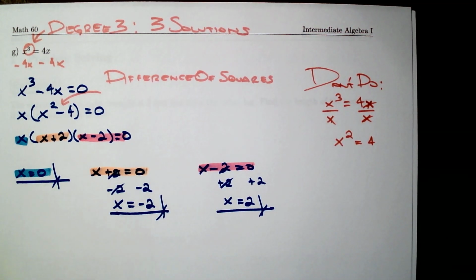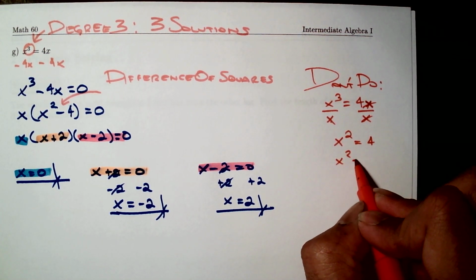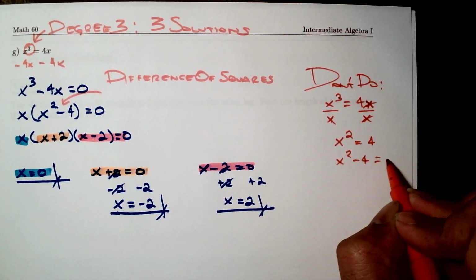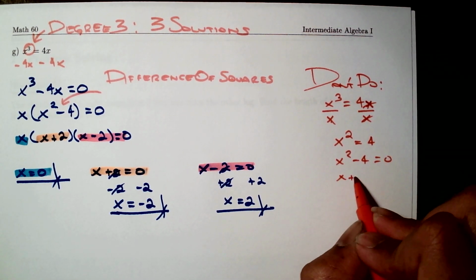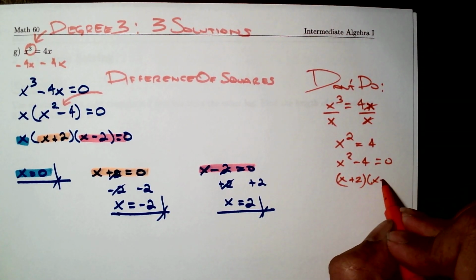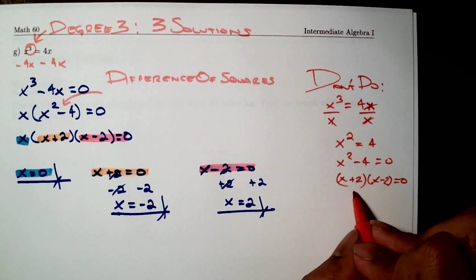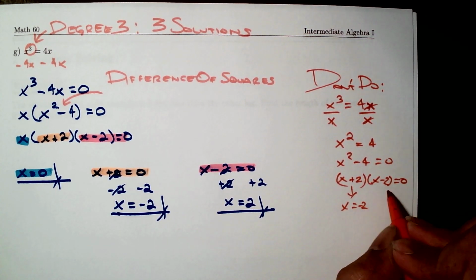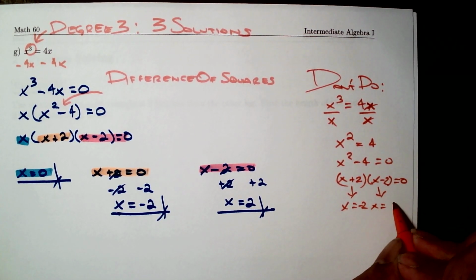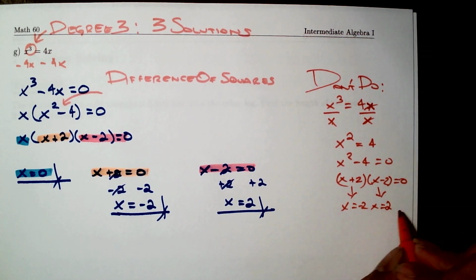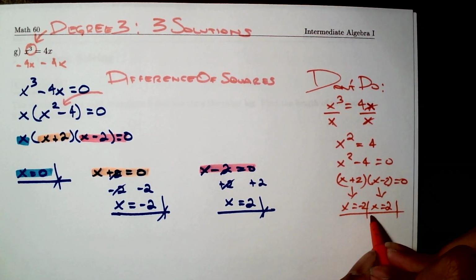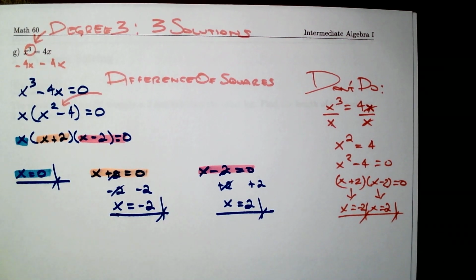Then when I move this 4 to the left hand side, I'm going to have this difference of squares, x plus 2, x minus 2. So from here, x equals negative 2, and from here, x equals 2, which is not wrong in the sense of the solutions that we obtain.